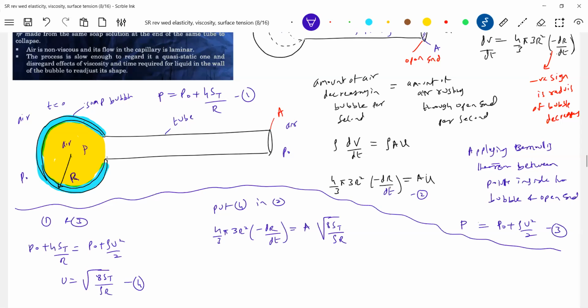Okay, I think 1 3 we can eliminate it. So what do we get? R to the power of 5 by 2 dr equal to minus A by 4 pi, initially r, finally 0. This is time.